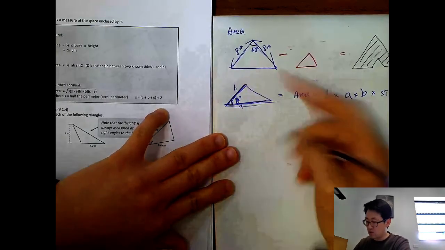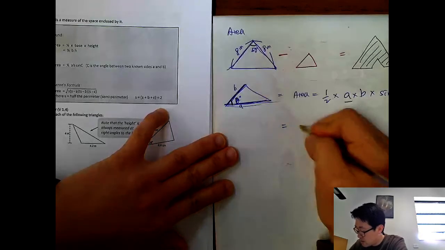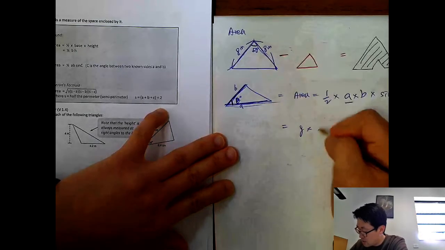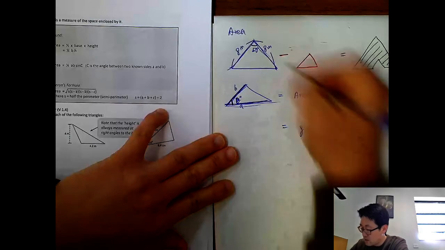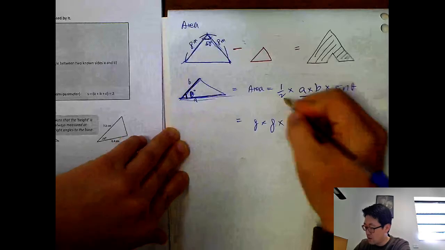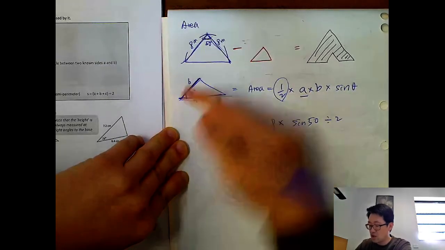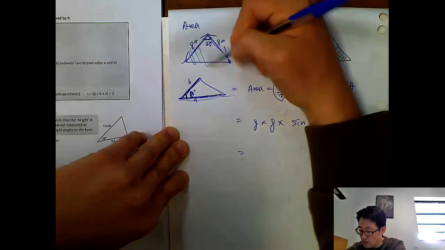So I'll plug in here. In this case, what is A here? 8. B, the other side is 8, times sine, what's the angle between? 50. Okay, and then times 1 over 2, which means divided by 2. Then I can get the area of this.